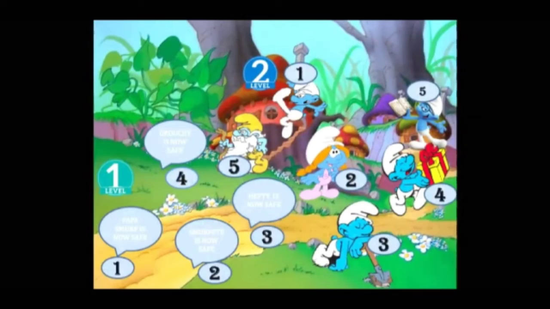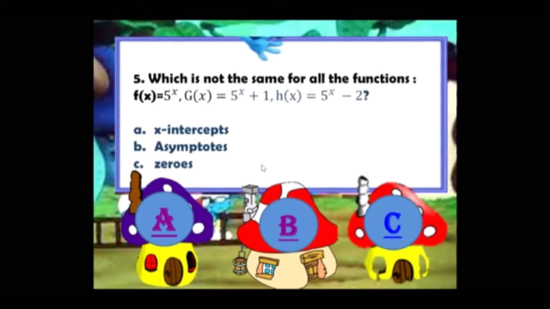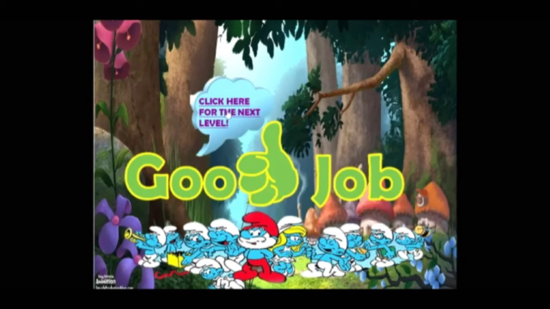Last number. Mr. Patupat, please answer. Which is not the same for all the functions f of x is equal to 5 to the x, g of x is equal to 5 to the x plus 1, h of x is equal to 5 to the x minus 2. Your answer is letter B? Correct, Mr. Patupat.